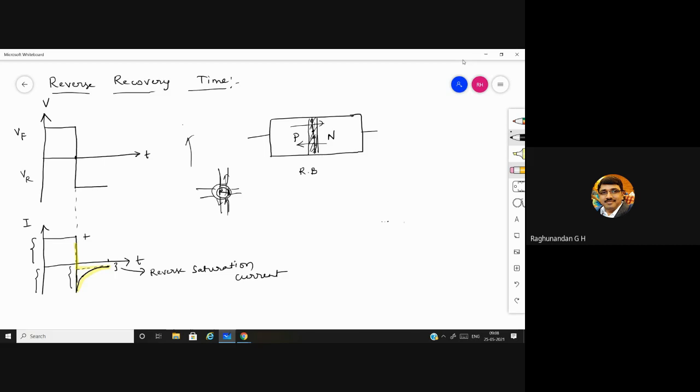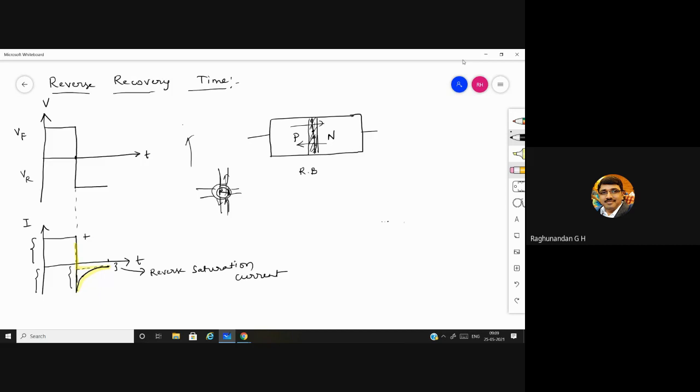Initially, since the charges were allowed to move freely across the junction, obviously they were moving. Suddenly when you are reverse biasing, the charges which are just in the junction still try to move because of the energy they have already acquired.